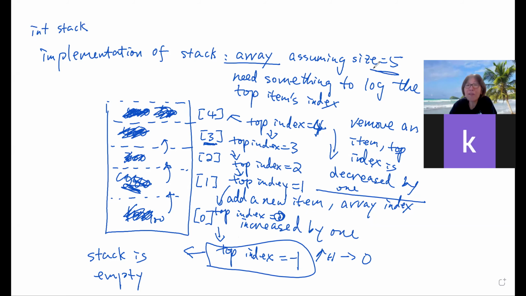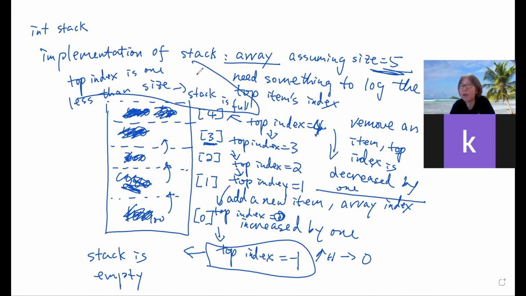The array capacity is 5. So when the top index is 1 less than the size, that means the stack is full. In this case you cannot add anymore. So when we implement using an array, there are some restrictions.